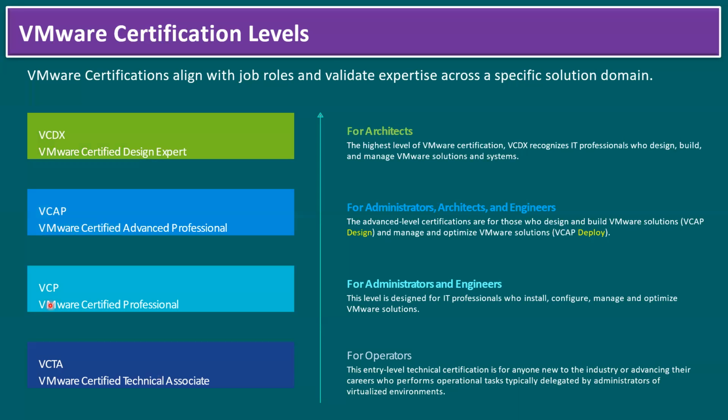I have multiple VCPs within data center virtualization, network virtualization, and cloud management automation, and multiple VCAPs, but I haven't completed the VCAP Deploy. Once I do the VCAP Deploy, I will get the VMware Certified Implementation Expert badge. Then only will I be eligible to write the VCDX examination.